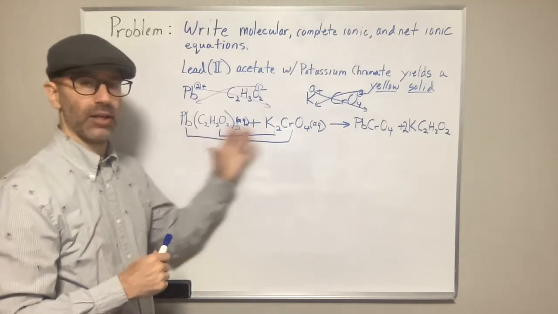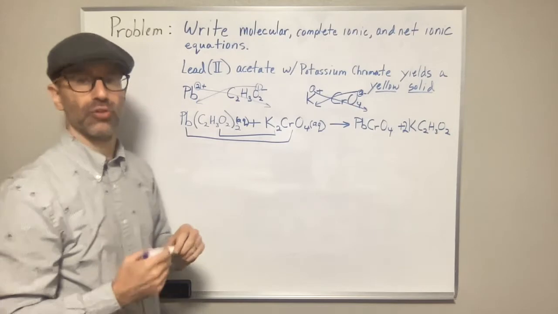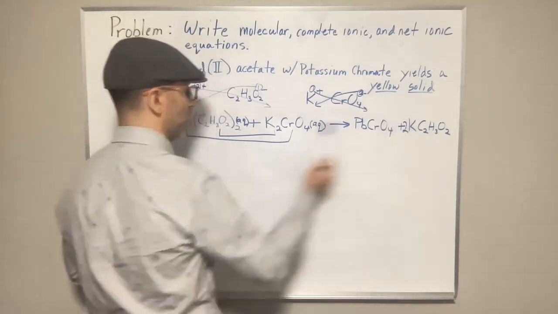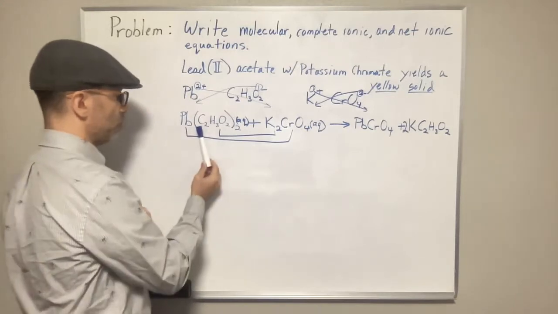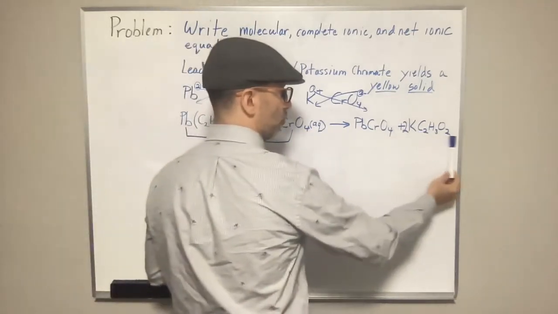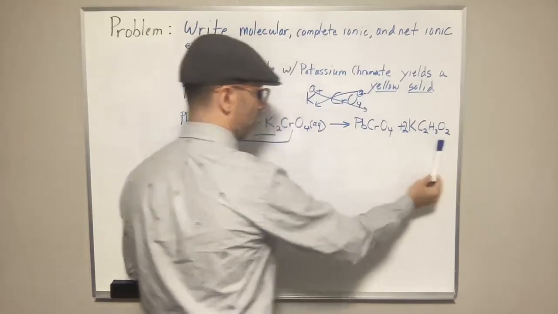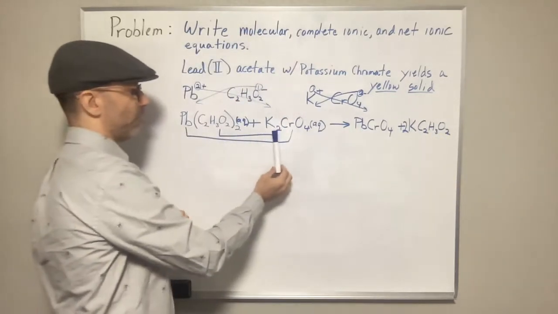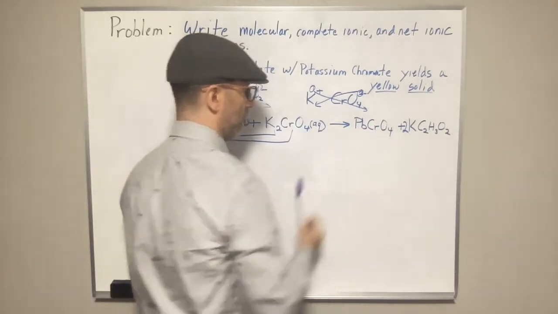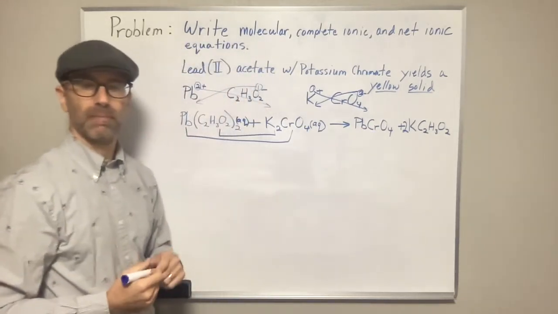So when you're balancing your equation, you only use coefficients. So I have 2 potassium, 2 potassium. I have 2 acetate ions, and here I have 2 acetate ions because I have a 2 there. And now I have 1 chromate ion, and I have 1 chromate ion. So this is a balanced equation.